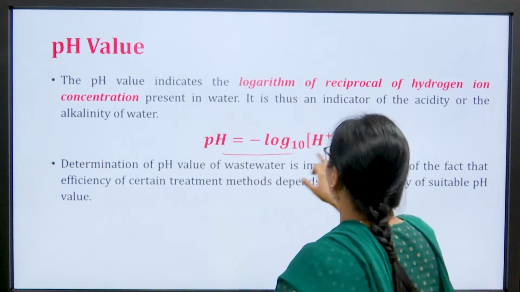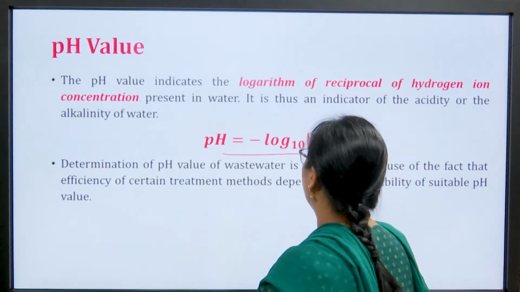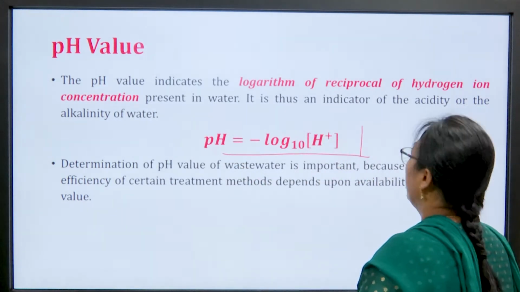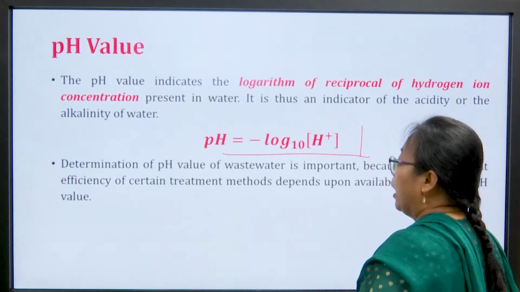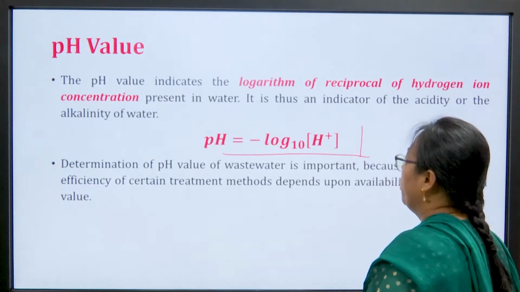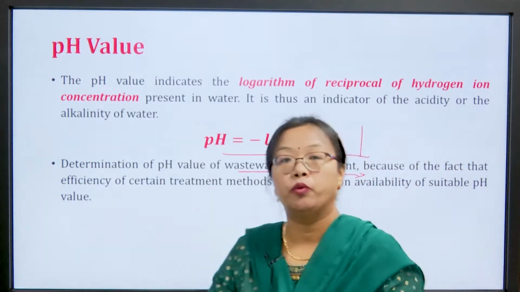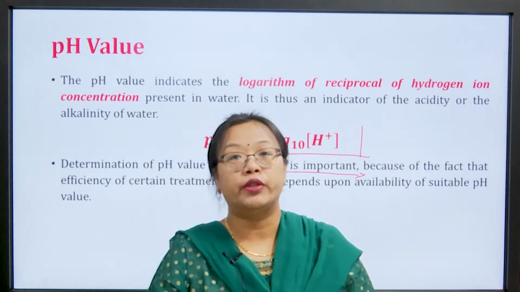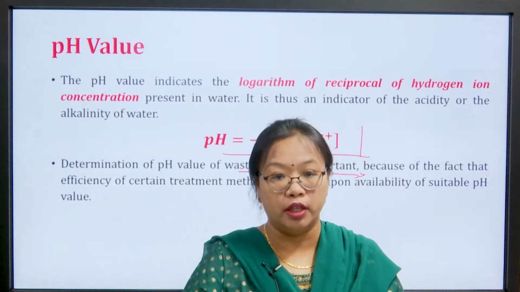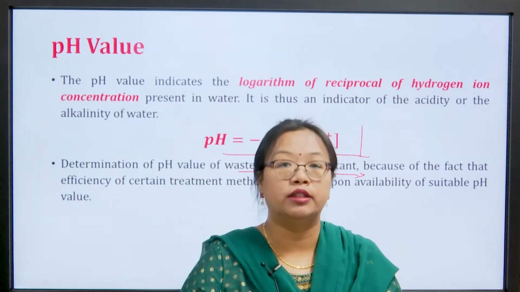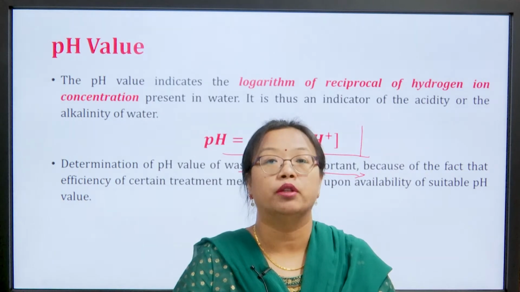We already know that pH is equal to minus log base 10 of hydrogen ion concentration. Actually, pH is very important for wastewater. Why? Because when we talk about wastewater, we are going to talk about treatment of wastewater, and lots of that treatment is dependent on the pH value of the wastewater.